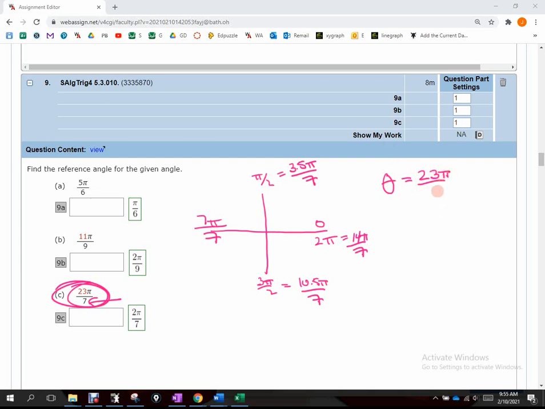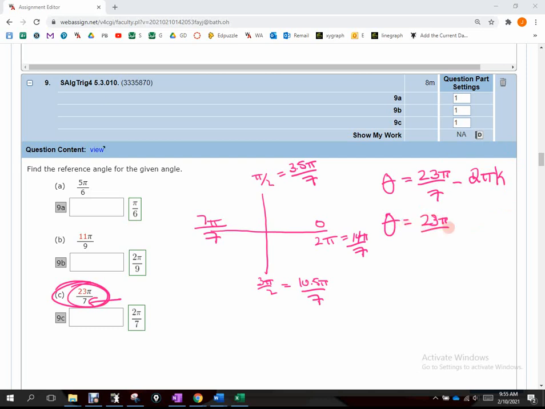So what we're going to do is start subtracting multiples of 2 pi. So I'm going to write it this way first. Subtract multiples of 2 pi. I'll just put k there to represent the multiples.